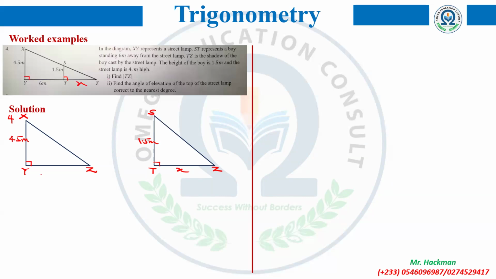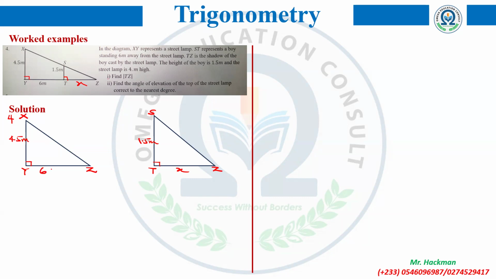So if this is X, then what will be the length of YZ? No, 6 meters is YT. So look at this. If this is X, it will be 6 plus X meters. Do you agree, my professors? Okay, so I'm going to write that here.